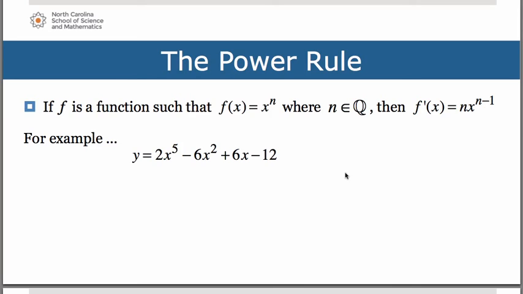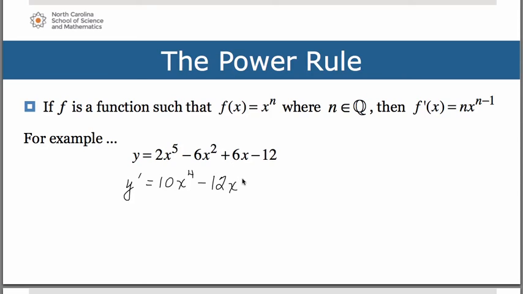So if we had a quintic equation, 2x to the fifth minus 6x squared plus 6x minus 12, the derivative, you would have y prime is equal to, so you do 2 times 5, you do the coefficient times the exponent, that's 10, x, and you subtract 1 away from the exponent, so now it's 4, minus, now you do 6 times 2, that's 12, x, take 1 away from that exponent, so that's just to the first.